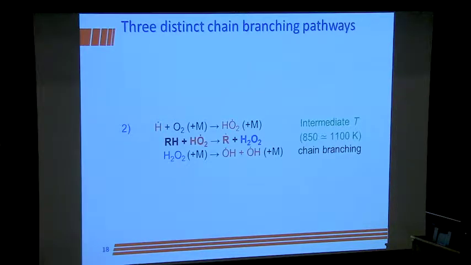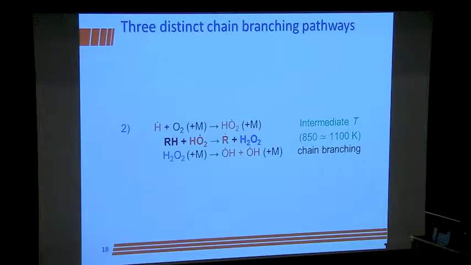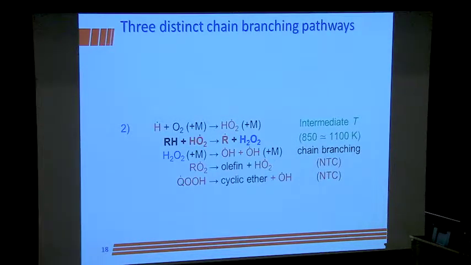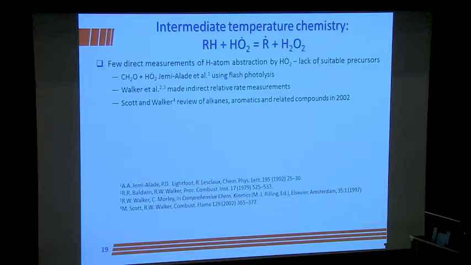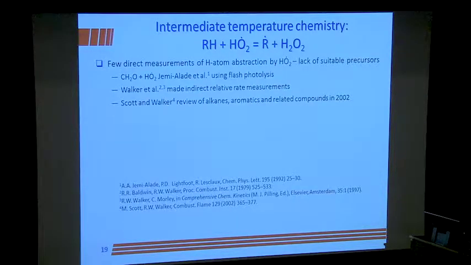Okay, so there too. Another reaction class that's important at intermediate temperatures is fuel plus HO2. Okay? Because now you have the HO2 produced from that concerted elimination reaction. What is the rate of abstraction? Okay? And actually, there are few direct measurements of H-atom abstraction by HO2. There's a lack of suitable precursors.